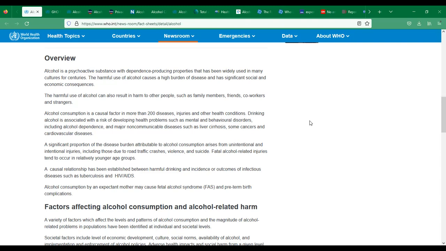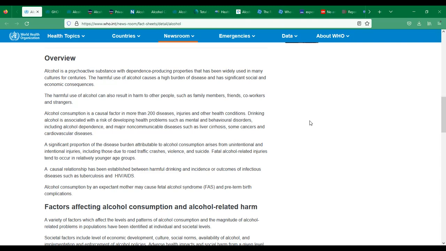All these health issues and conditions are treated in health facilities and paid from taxpayers' money. So there should be something to compensate for these losses as well. Like in the UK, we have heavy taxes on alcohol and tobacco.